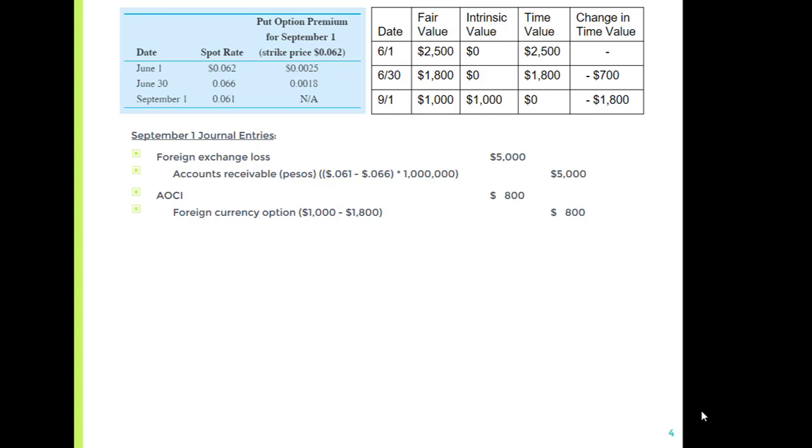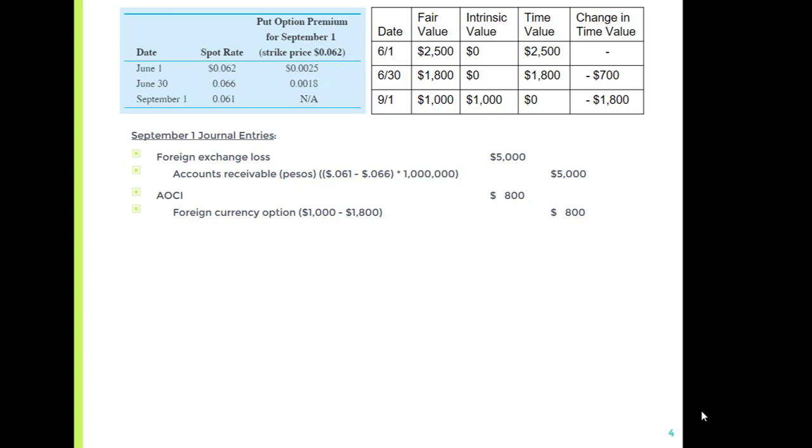So it's advantageous for Alexander Company to exercise the put option. So the component of value now is the intrinsic value. If we look at the fair value, it's declined from $1,800 on June 30 to $1,000 on September 1st. So we're going to have to write down the carrying value of the foreign currency option by $800.